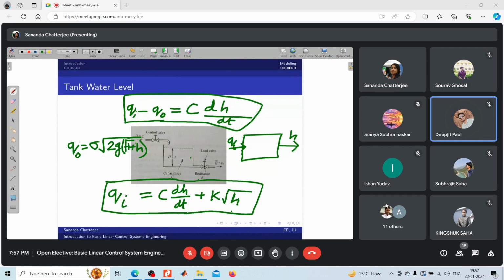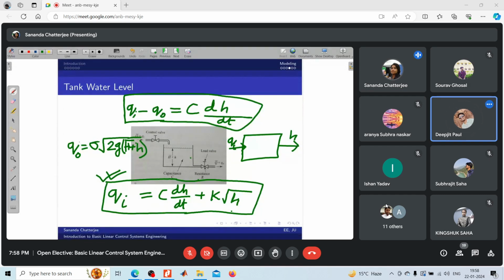Yes. So now, is it a differential equation? The mathematical description of this plant, is it a differential equation? Yes, ma'am. So if it is a differential equation, that means the system is a dynamic system.